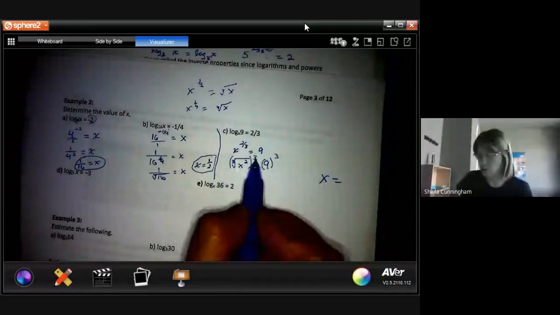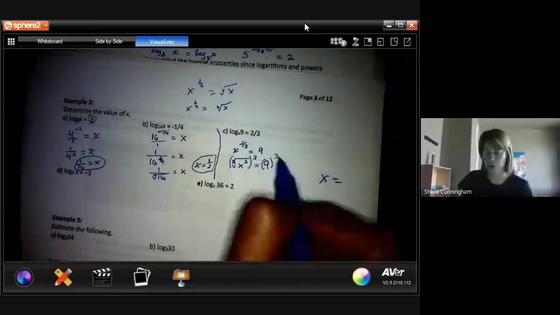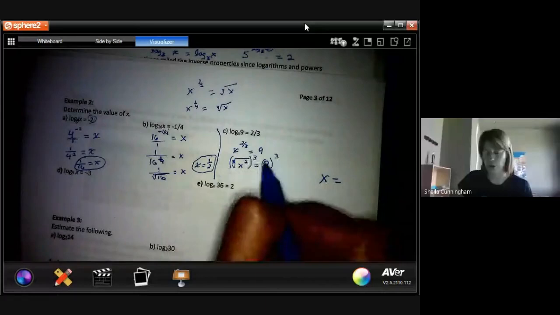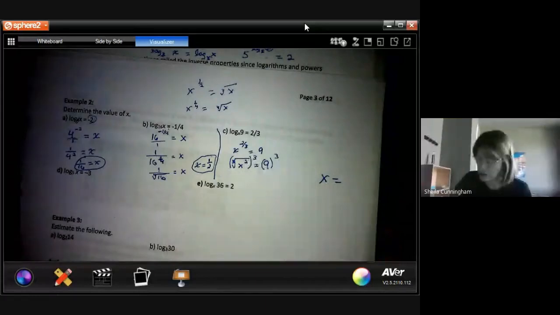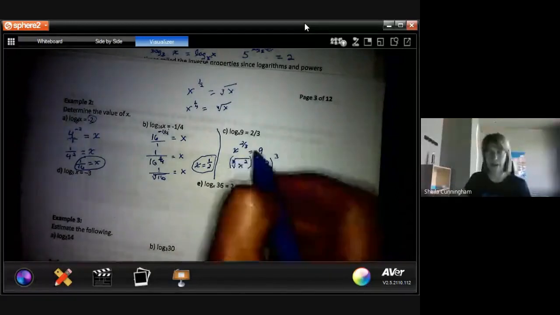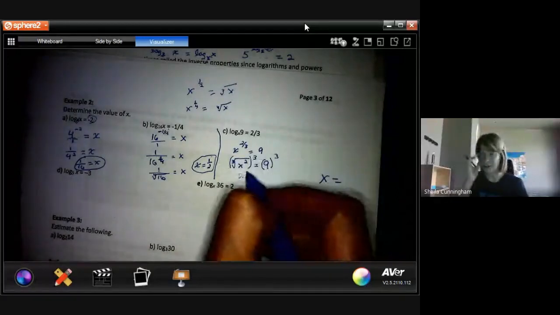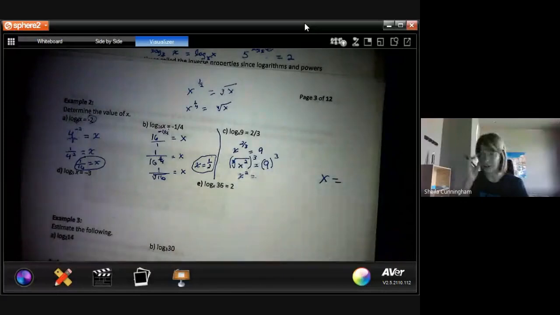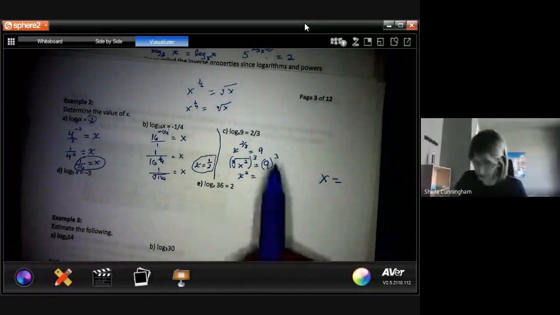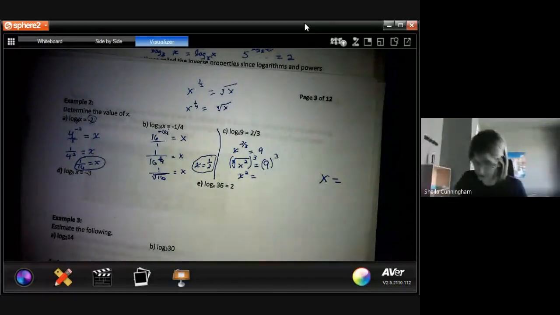In order to undo a cube root, I have to cube it. But if I cube one side, I better cube the other side, okay? By cubing a cube root, I'm left with x squared. I'm basically canceling out that cube root. On the other side, I've got 9 cubed, which gives me 729.